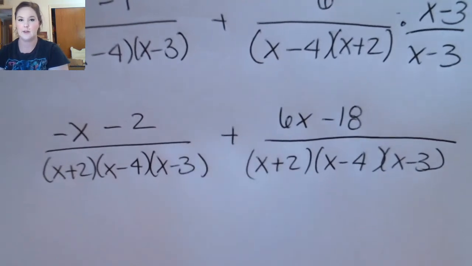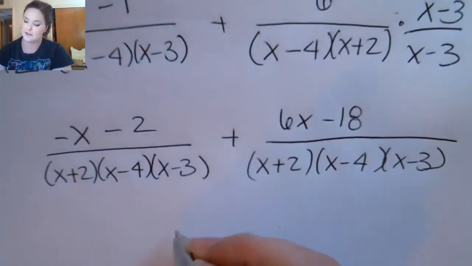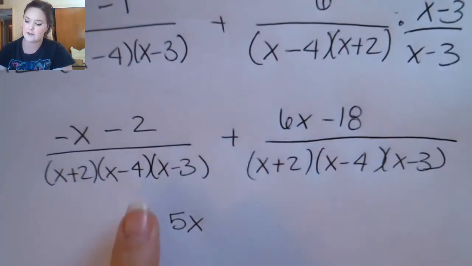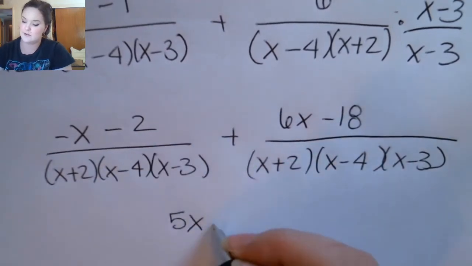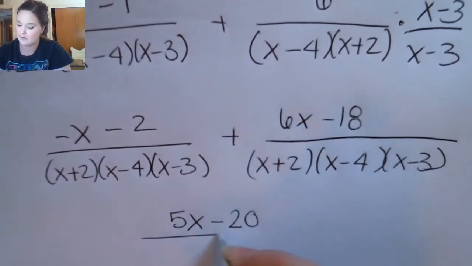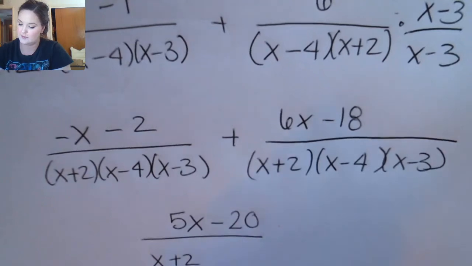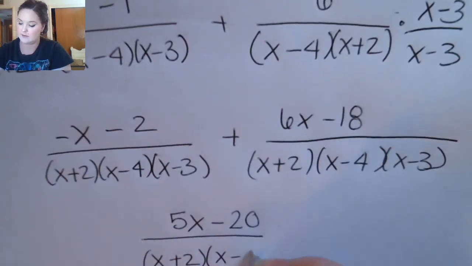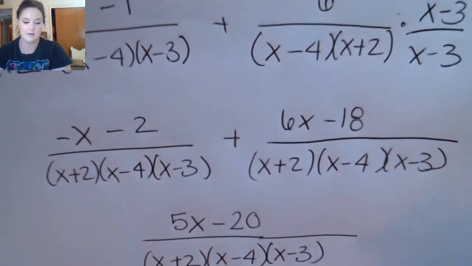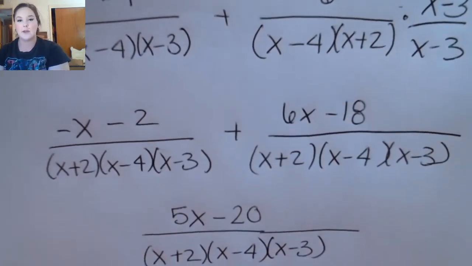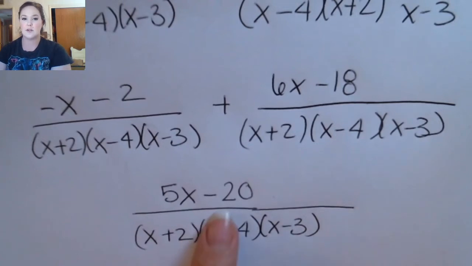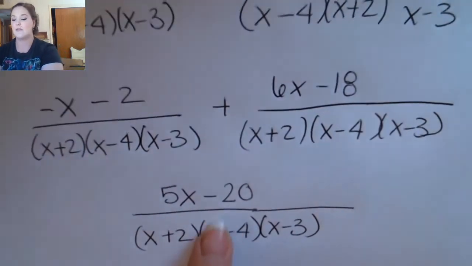All right. Now the last thing I'm going to do is combine like terms. So I should get 5x minus 20 over x plus 2 times x minus 4 times x minus 3. Okay. So now you can see that this numerator does factor because it has a common factor of 5.